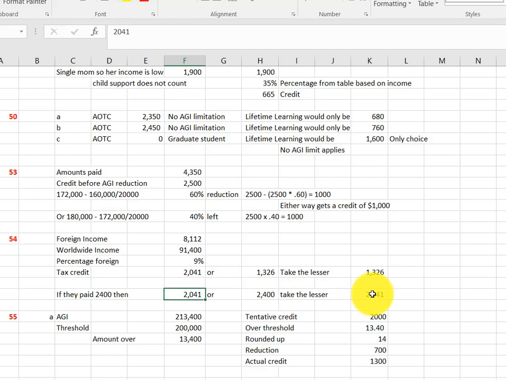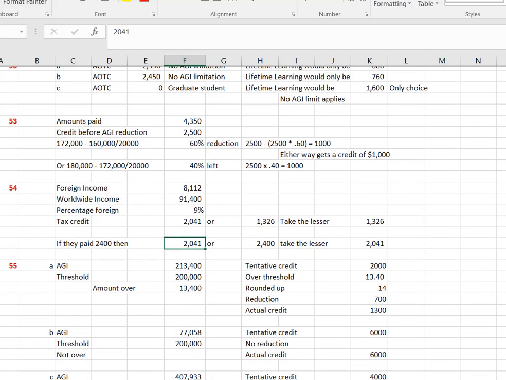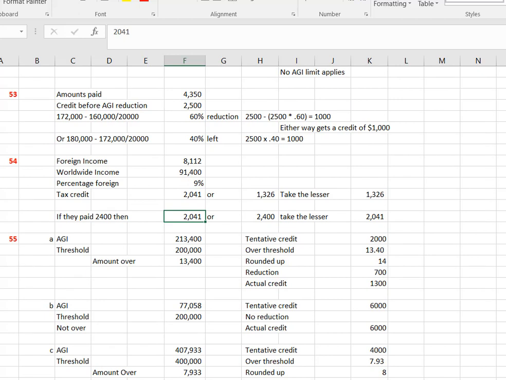In this case, it would be the $2,041. That would be our foreign tax credit. So the basic idea is you get a credit for the taxes you would have paid, or how much you did pay to the other government for income you earned somewhere outside the United States.